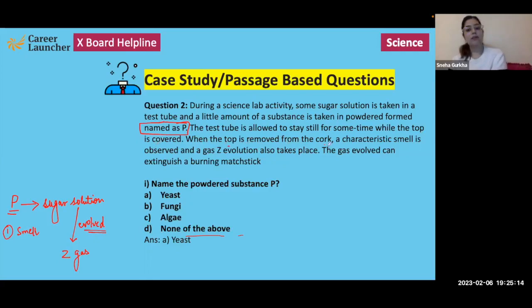When the top is removed from the cork, a characteristic smell is observed and a gas Z evolution also takes place. The gas evolved can extinguish a burning matchstick.